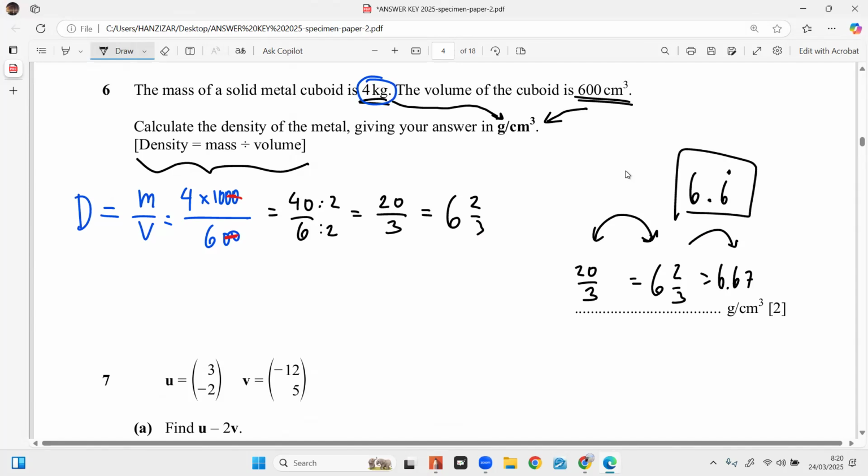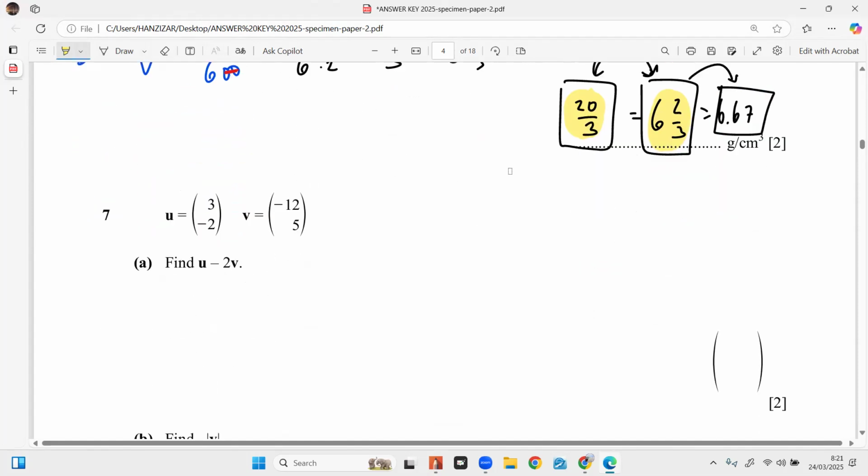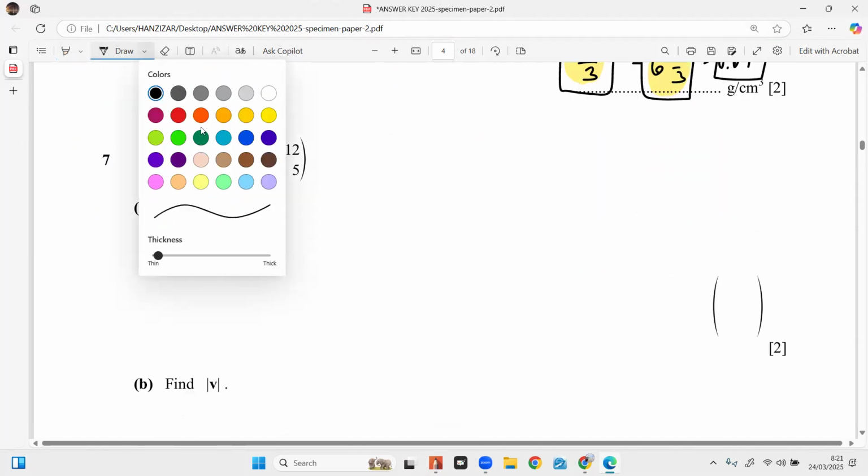Because dot means the recurring number. So we have 4 possible answers here. 6.67 is the rounded number, and this 3 that I highlight is the accurate number. Okay, keep focus, guys.